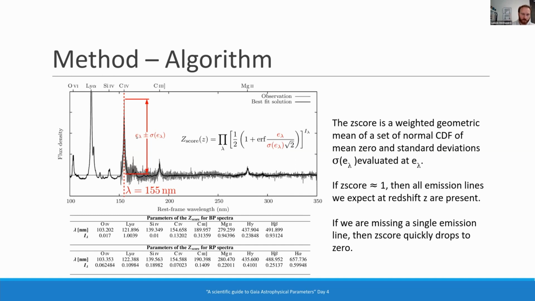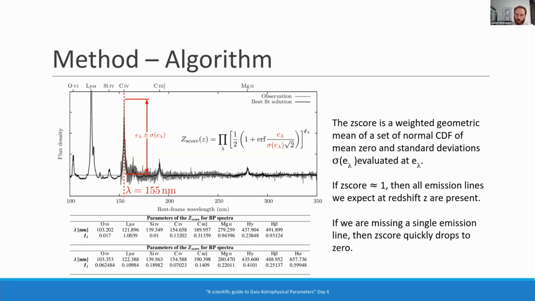So we have this flux, E lambda, along with associated uncertainties. And the idea is to have the product, actually a weighted geometric mean, and we can recognize this part as a cumulative distribution function of a normal distribution of mean zero and standard deviation sigma E lambda, evaluated in E lambda.